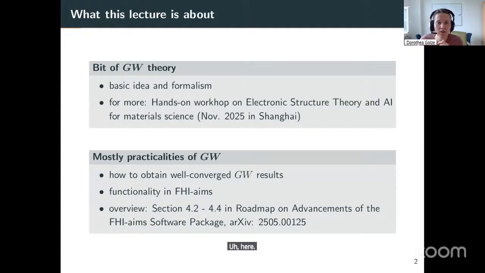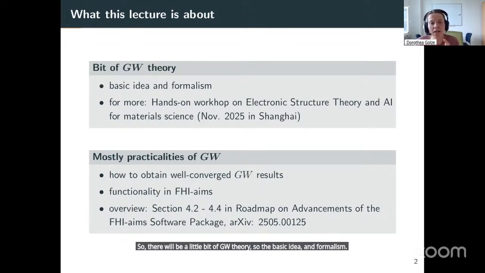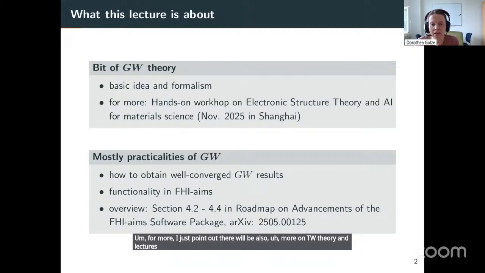So what is this lecture about? There will be a little bit of GW theory, so the basic idea and formalism. For more, I just point out there will also be more on GW theory in lectures and the hands-on workshop in November in Shanghai.